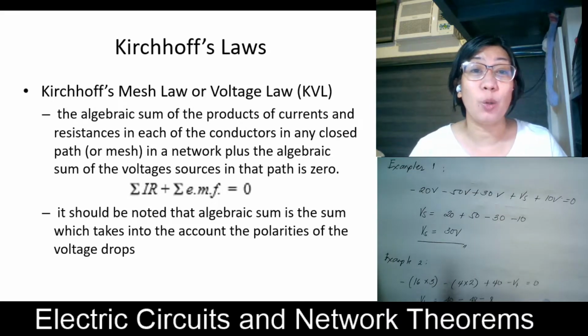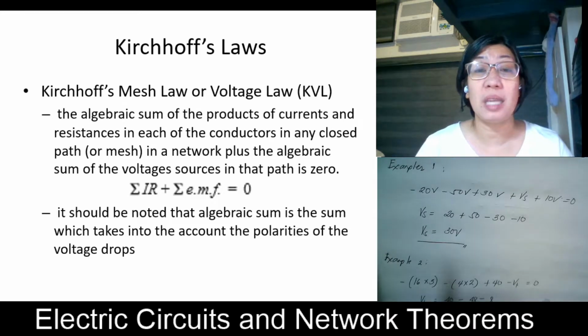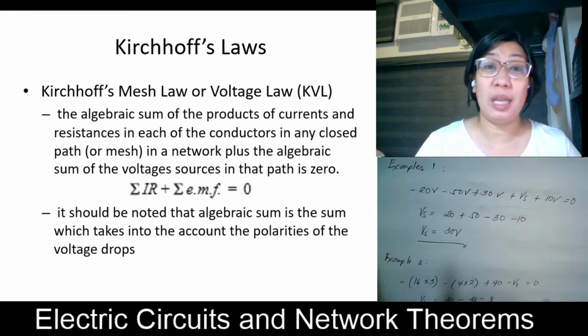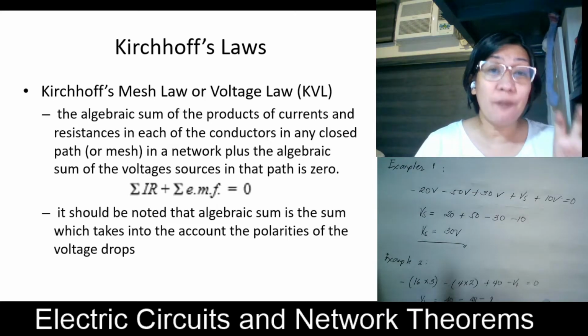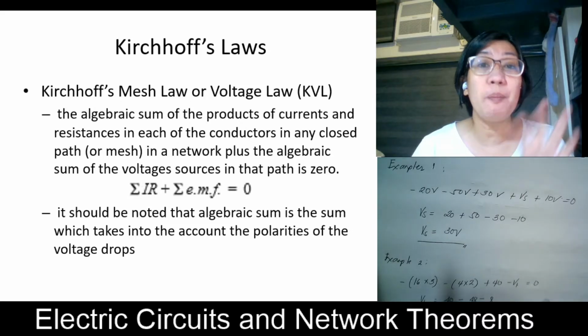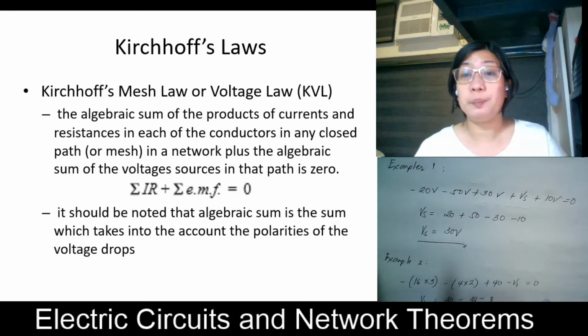So it depends, okay? Therefore, once a current passes through a certain resistance, it produces voltage already, so it will have a polarity. So resistors alone have no polarity, but the voltage drop across that resistor is the one with polarity. Okay?